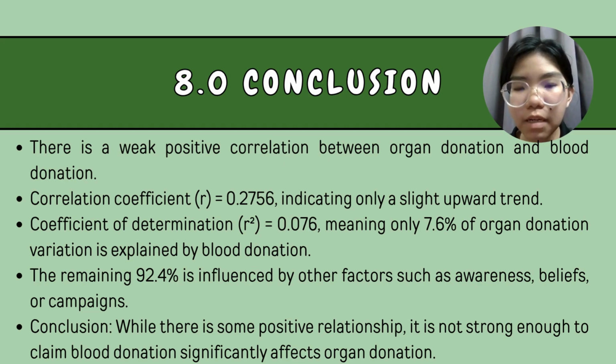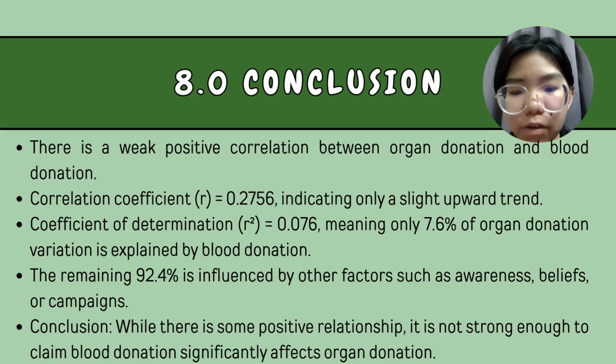Now I will present the conclusion on whether the claim is supported by our analysis. According to our analysis, there is a weak positive relationship between organ donation and blood donation. The value of the correlation coefficient R is 0.2756, meaning that when blood donation increases, organ donation will also increase a bit, but not by much.